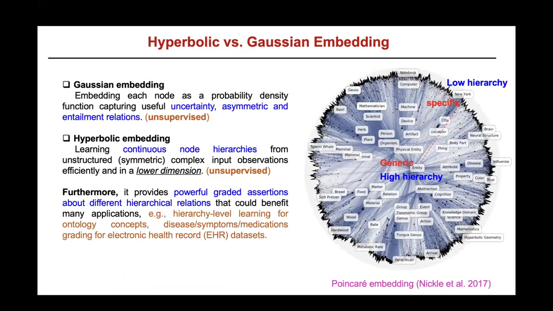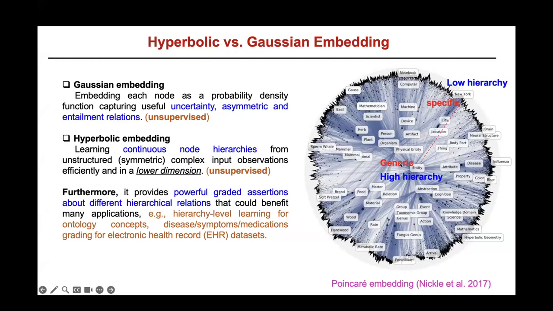Here is the hyperbolic embedding compared to the Gaussian embedding I used to work on for brain networks. This is from Dr. Nickel's paper in 2017 on the WordNet dataset.